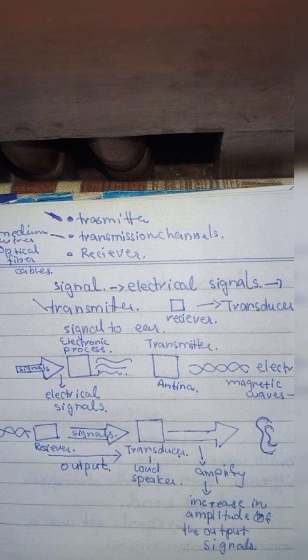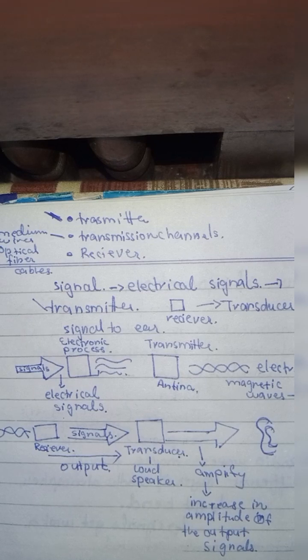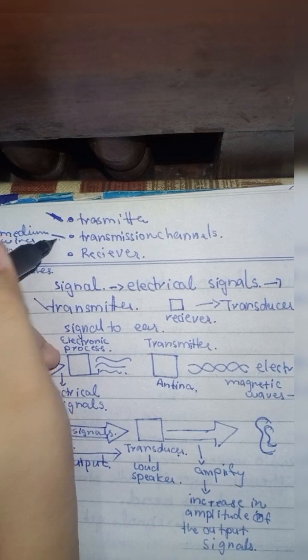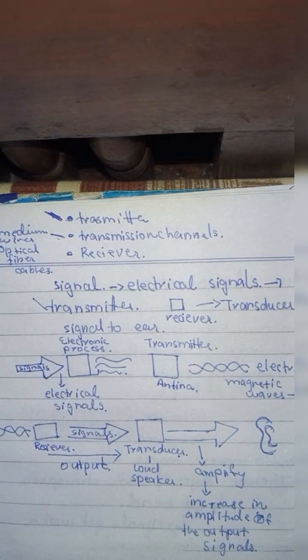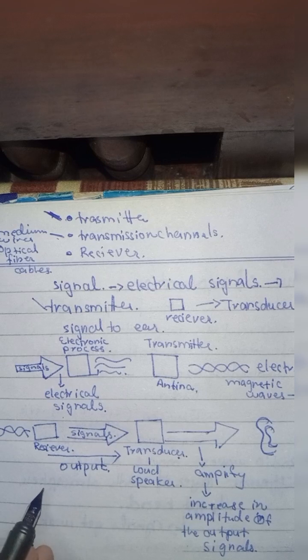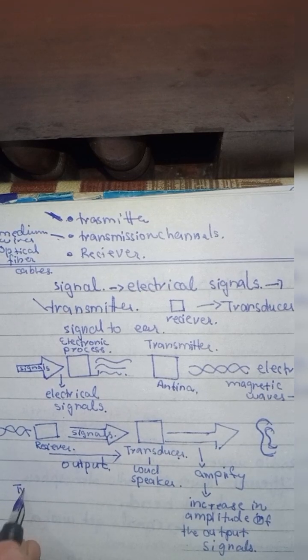So this is how the flow of information moves through different components: transmitter, channels, then receiver. Let me tell you about the transducer.